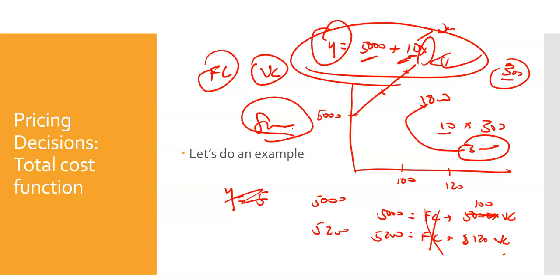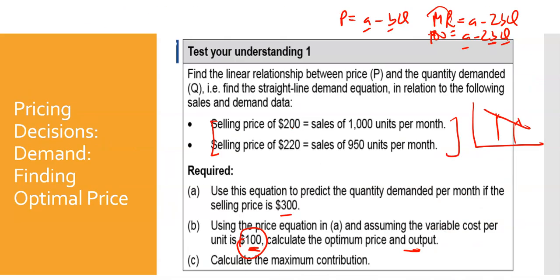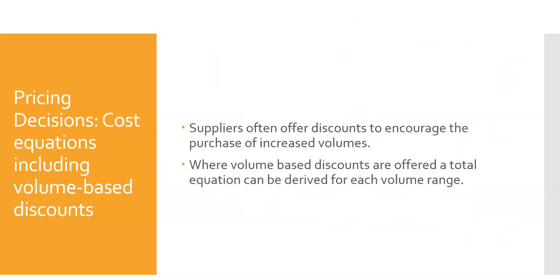The rest of the chapter ends talking about pricing strategies. I didn't even make any notes on them, but fundamentally they want you to be happy with the idea of market penetration and market skimming. Please read these. Market penetration, you're literally dropping your price to gain access to that market.